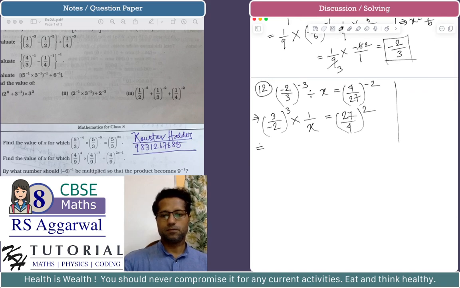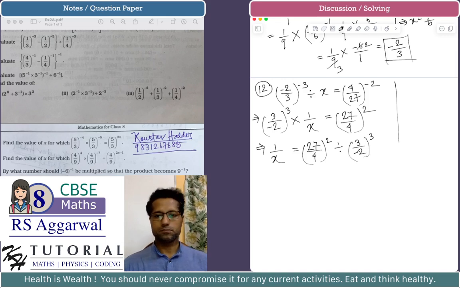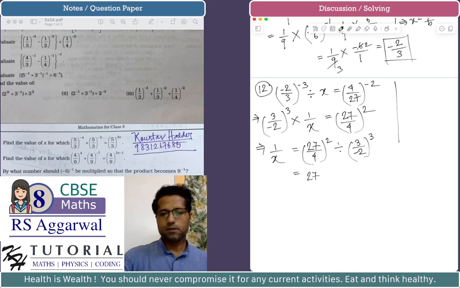This implies 1 by x will be equal to 7 by 4 raised to the power 2 divided by 3 by minus 2 whole cube. So this is equal to 27 by 4 raised to the power 2.